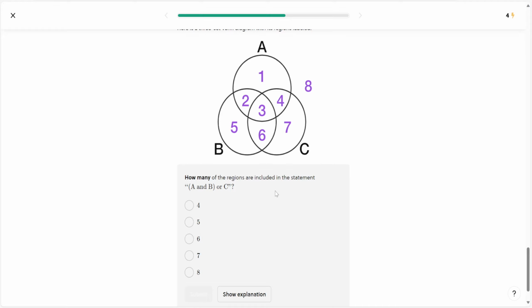Right, okay. Well, A and B or C. Or means and/or, doesn't it? So is that going to be this one? So that's 1, 2, 3, 4, 5.